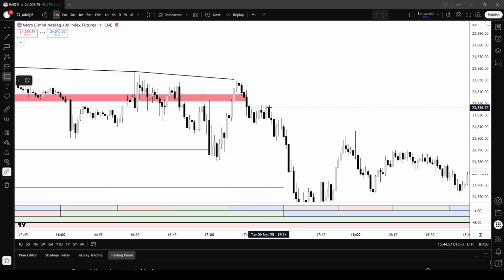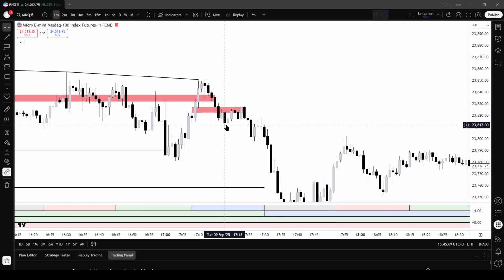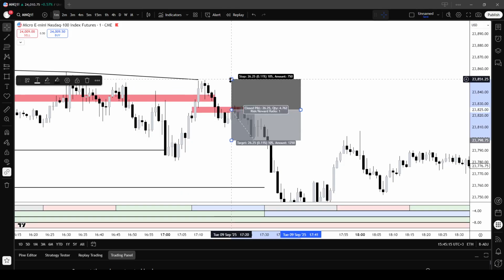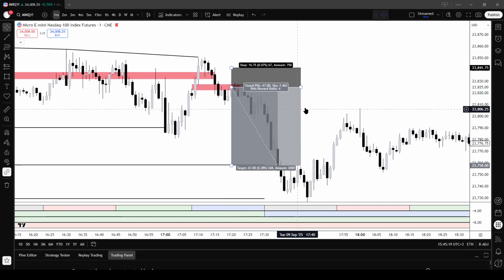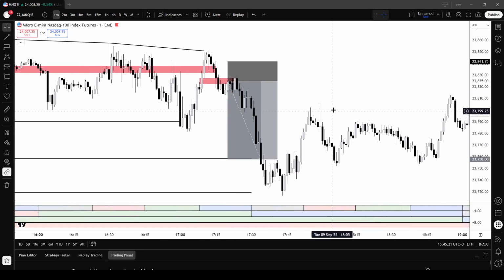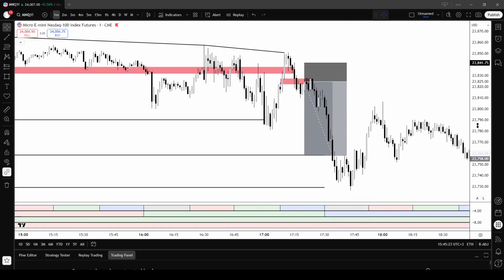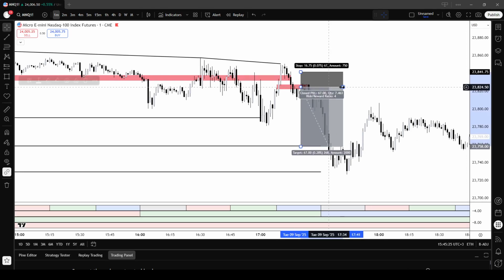Where is it? I don't remember, but I think he got it from this gap. He waited for it to close down, which he did here. Then he entered from the 50%, put his stop loss on the high and targeted the same low. So he got pretty much the same RR, which is pretty good in this bad price action market.